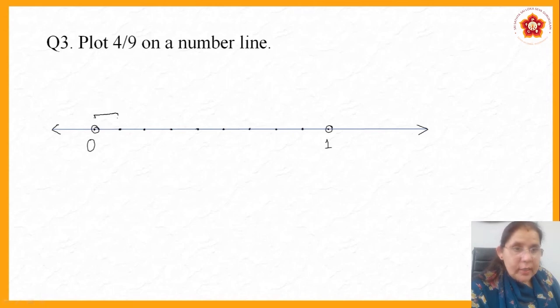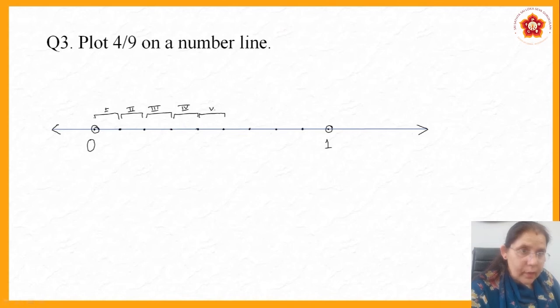You can check it like this also. This is your first part. This is your second part. This is your third part. This one is your fourth part. This one is your fifth part. This one is the sixth part.